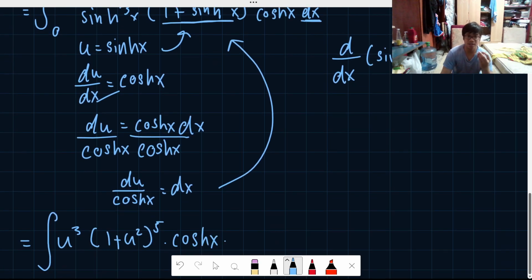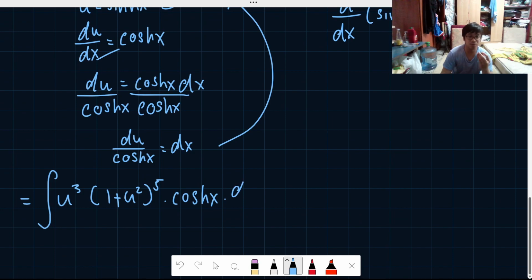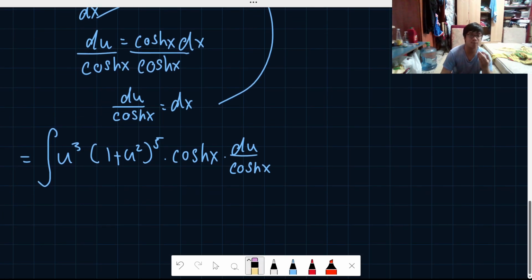Your dx here is du all over hyperbolic cosine of x. That's it. And now that we have hyperbolic cosine of x on both sides, beside it and below, we can cancel them.